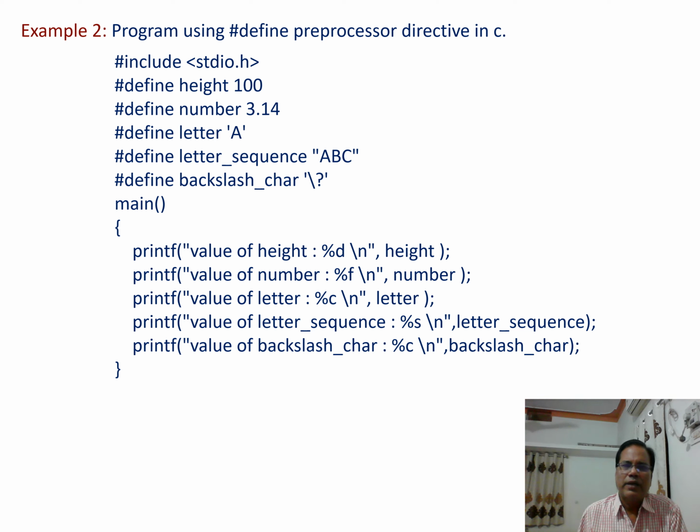In a similar way, for the second constant, we use #define, then a space, then the name of the constant, and what its value should be. So after a space, that should be specified.